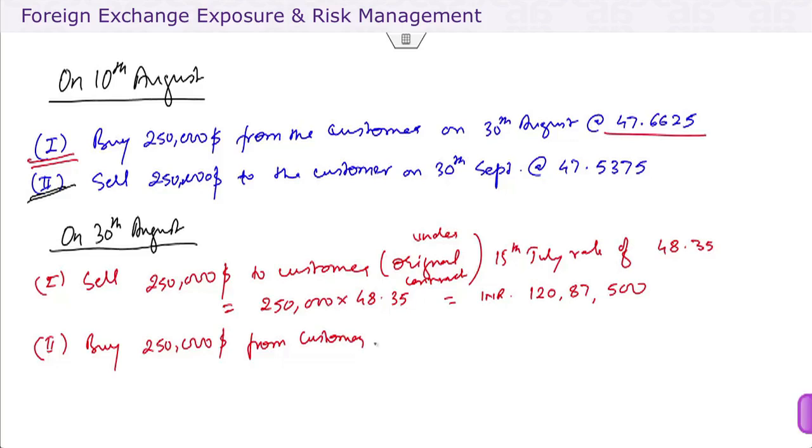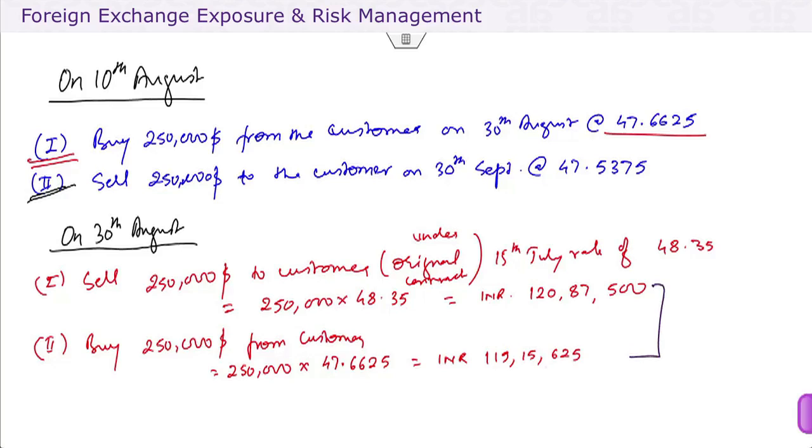So this would be 2,50,000 into 47.6625. When we multiply this, it comes to INR 119 lakhs 15,625. Now if we observe here, there is a loss.